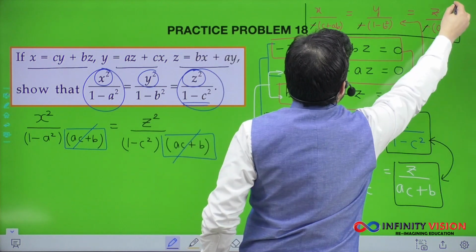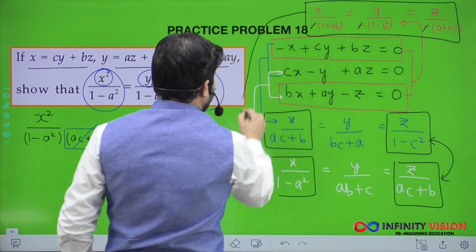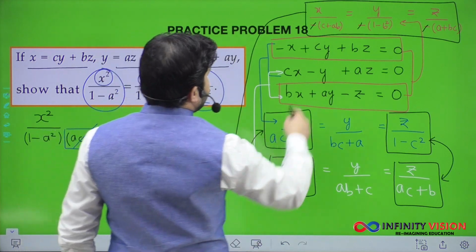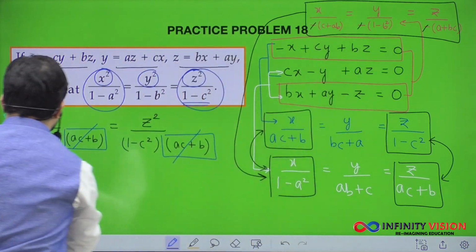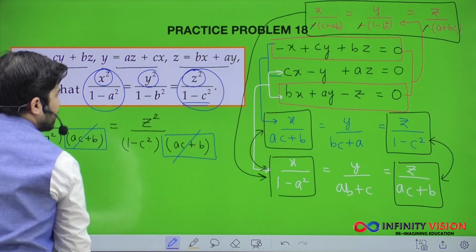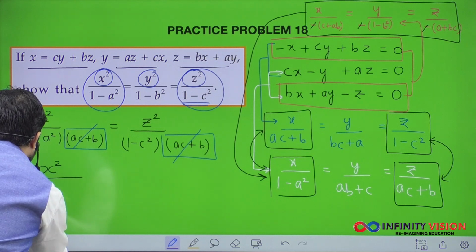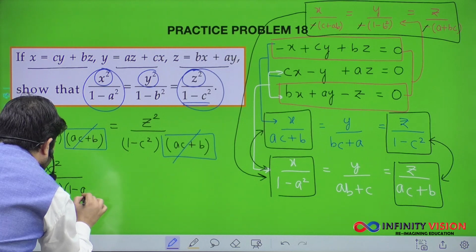this equation with this equation, let's say. So I can say x into x is going to be x square and c plus ab into 1 minus a square. So I got c plus ab into 1 minus a square.